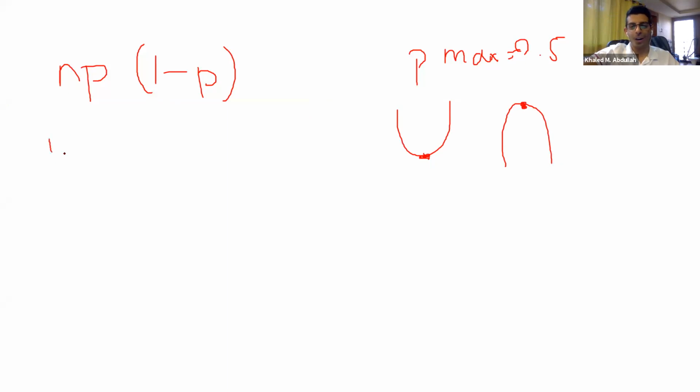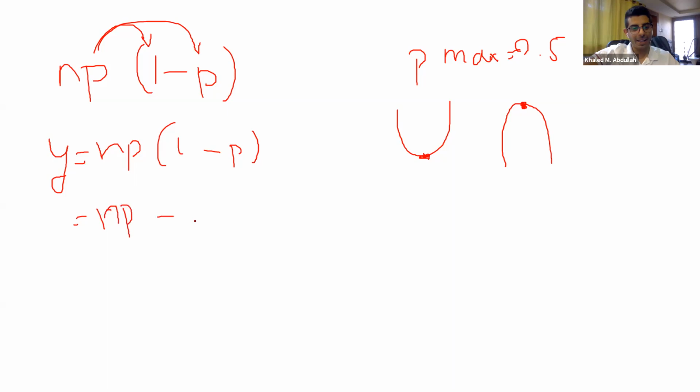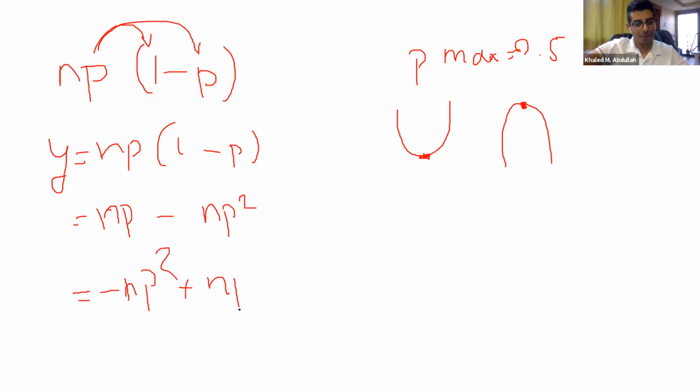All right. y equals np into 1 minus p. Now let's introduce this into the parentheses, right? So it's going to be np minus np squared. Now let's arrange this. Negative np squared plus np. Now we have a quadratic formula.